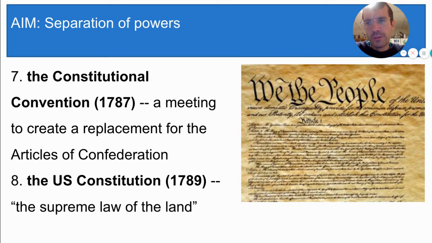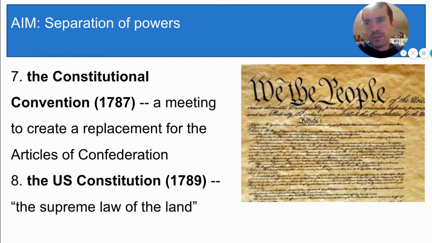In other words, nobody is allowed to violate the Constitution, and anything that the government does must agree with the rules that it sets out. If the government tries to do something that violates the rules of the Constitution, its actions are said to be unconstitutional, which means illegal. We will look more at this idea later.